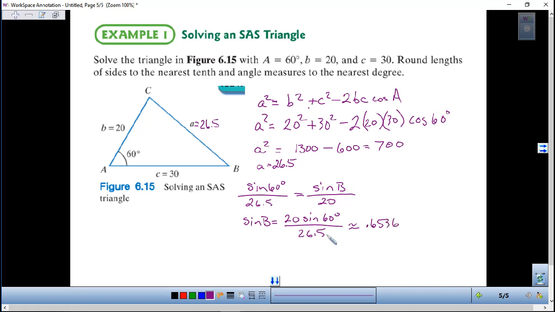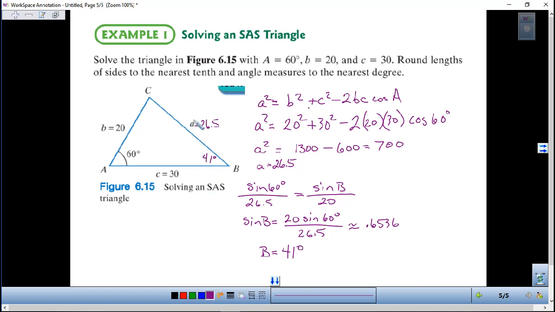Now remember, that's just the sine of B. We want to know what B actually is. So we'll do the inverse sine of both sides, more specifically, the inverse sine of 0.6536, and I get 41 degrees when you round it. So angle B is 41 degrees.